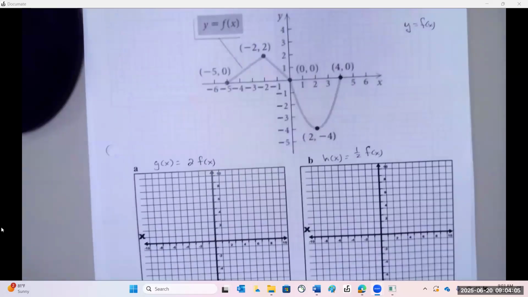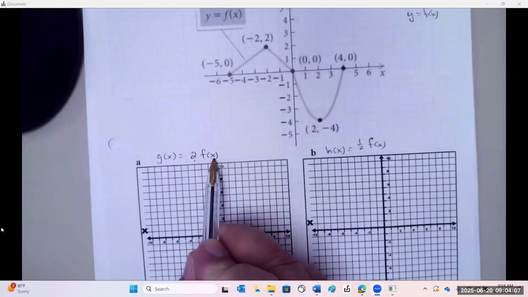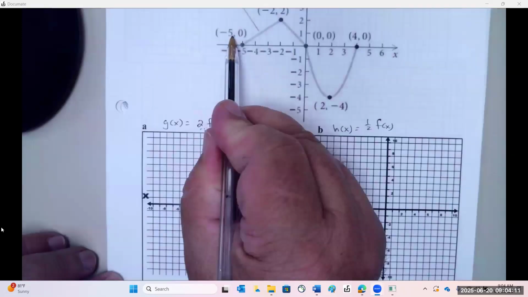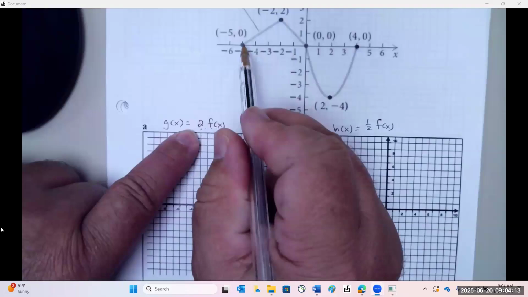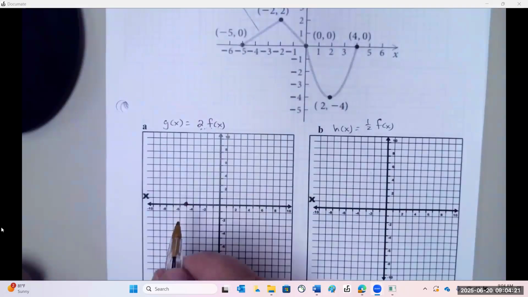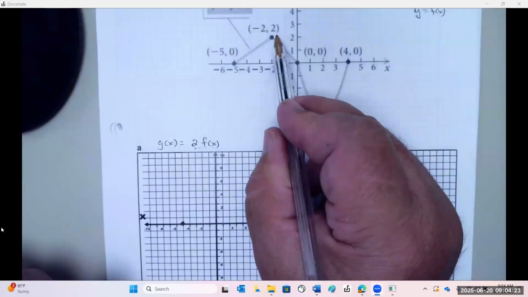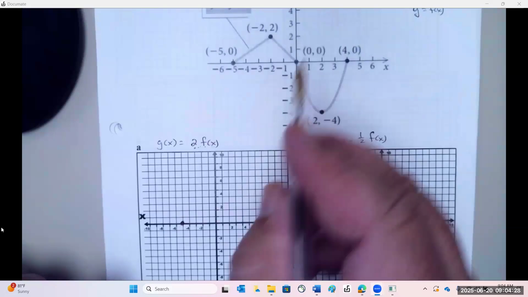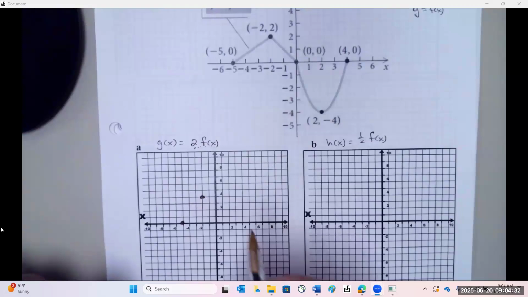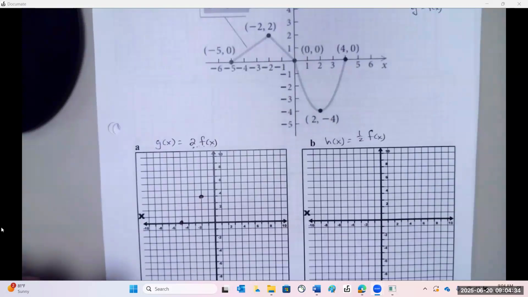So for the first one, we have -5, 0. If I multiply the y by 2, what do I get? I just stay at -5, 0. The second point is at -2, 2. So what's the new point? -2, 4. At 0, 0, it stays there.